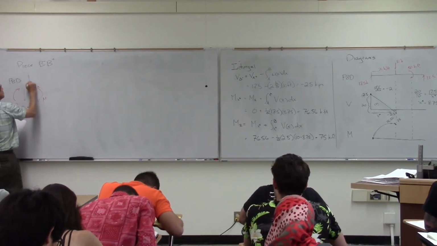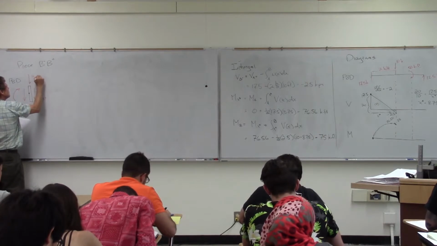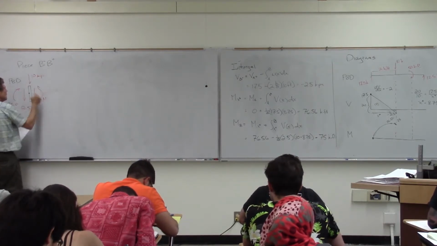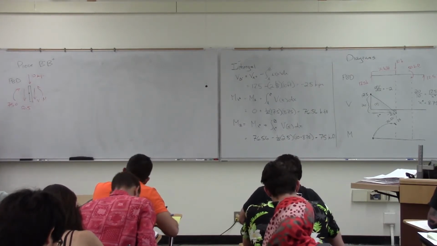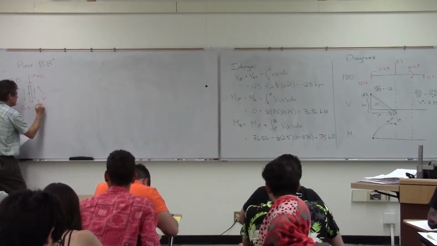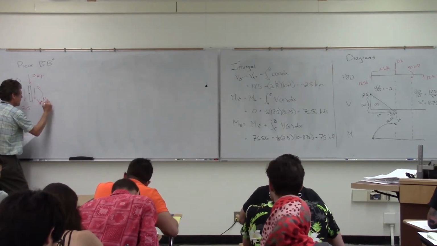And then the one piece that's missing is that 10 kip load there. And then this is my unknown shear and moment at B plus. So that's really at B plus.